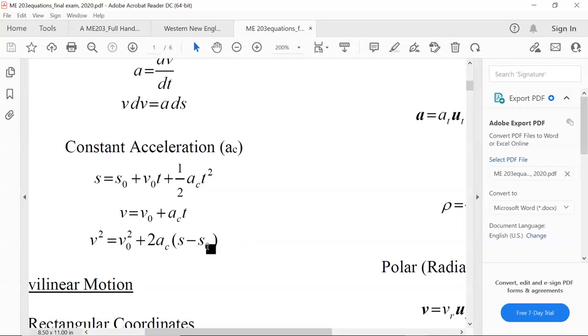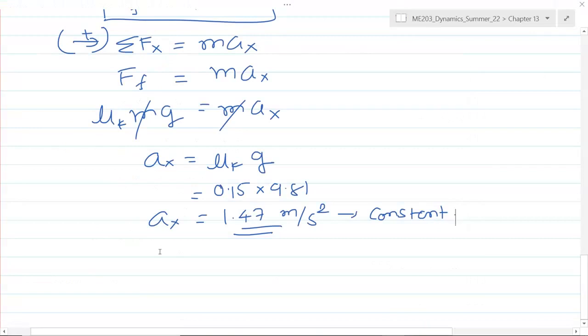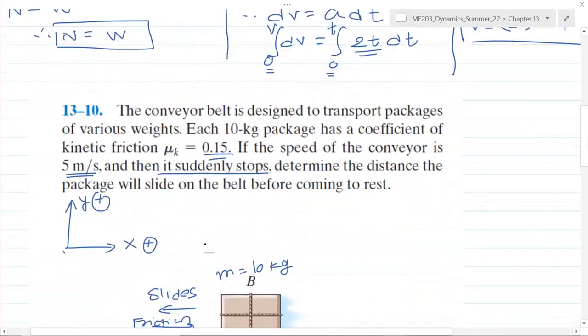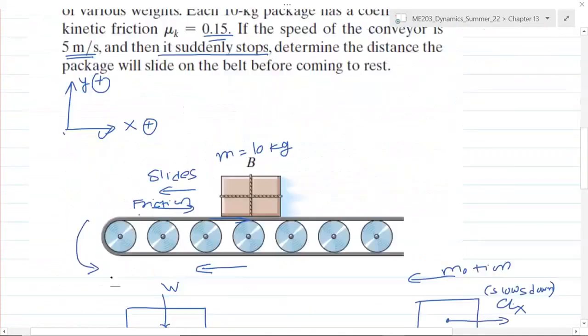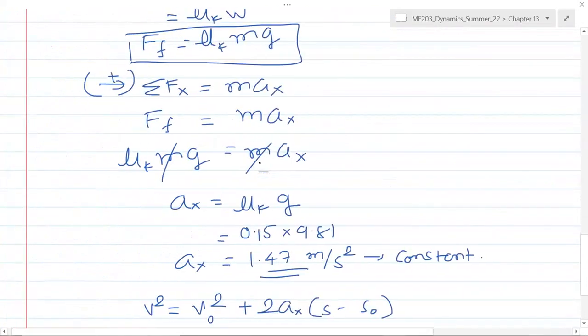We can define the position s0 as the position measured from the point where the conveyor stops moving. So let's apply this equation to our problem. v squared is equal to v0 squared plus 2ax times (s minus s0). Now the final velocity of the block is 0, the initial velocity of the block is 5, but we substitute minus 5 here, and the reason for negative is because our coordinate system is positive going right, and the conveyor is going left. So the velocity of the conveyor is negative, and that's why we substitute minus 5.